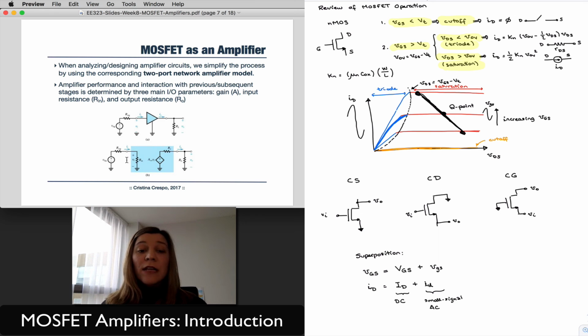We're going to calculate the model parameters, gain, input resistance, output resistance, and then we're going to proceed with our analysis and design and combining stages together by simply using this model of the amplifier. It's going to simplify things a lot, as we have seen for the BJT, but as we will see as well for the MOSFET. And that's it. We are ready to start analyzing and designing MOSFET amplifiers.